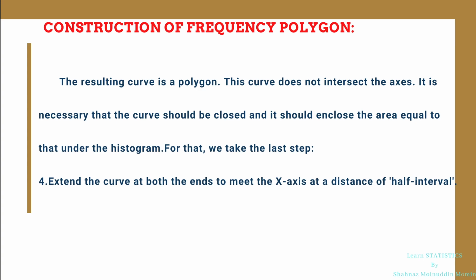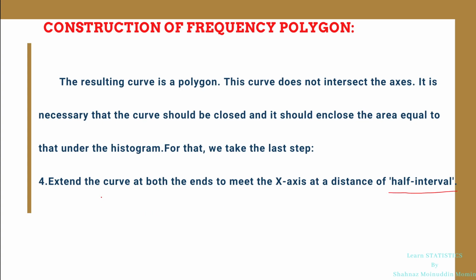This curve does not intersect the axis. It is necessary that the curve should be closed and should enclose an area equal to that under the histogram. For that, we take the last step: extend the curve at both sides to meet the x-axis at a distance equal to half of the interval.